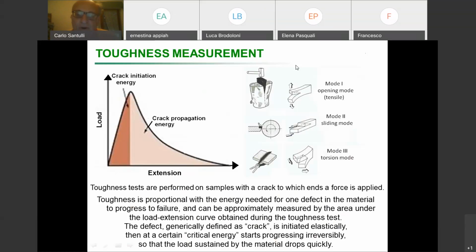Mode 1, or we can have mode 2. So we have a crack and we allow one of the ends to slide with respect to the other. And then we have torsion. The torsion means that the two ends are torqued by an angle, one with respect to another, until breakage occurs.